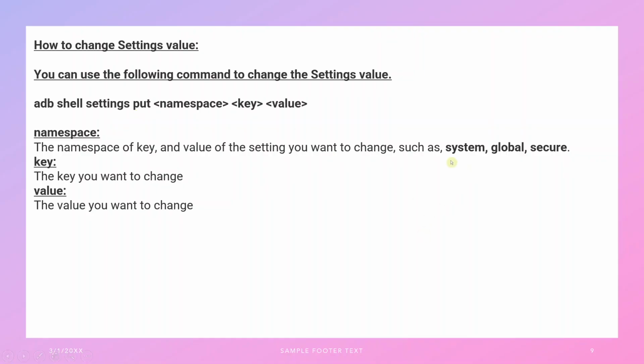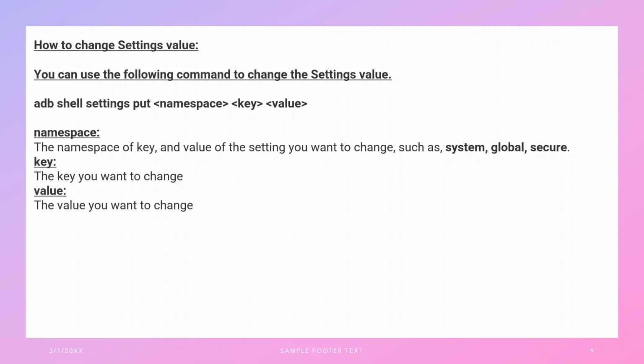Namespace has three values: system, global, and secure. In our case, we are using system here because I'm changing the device rotation of my simulator. Then the key and the value. So this is the general explanation of how we can change a setting value.